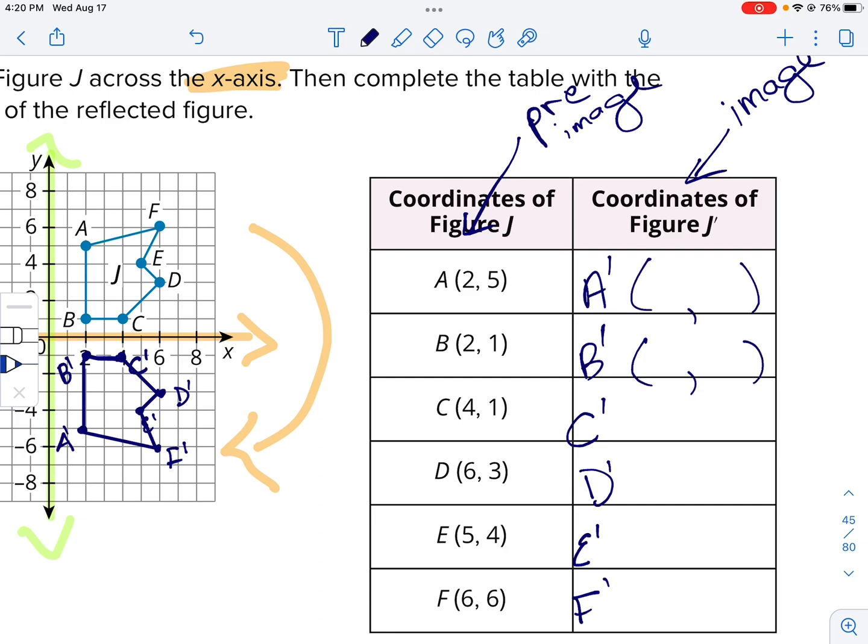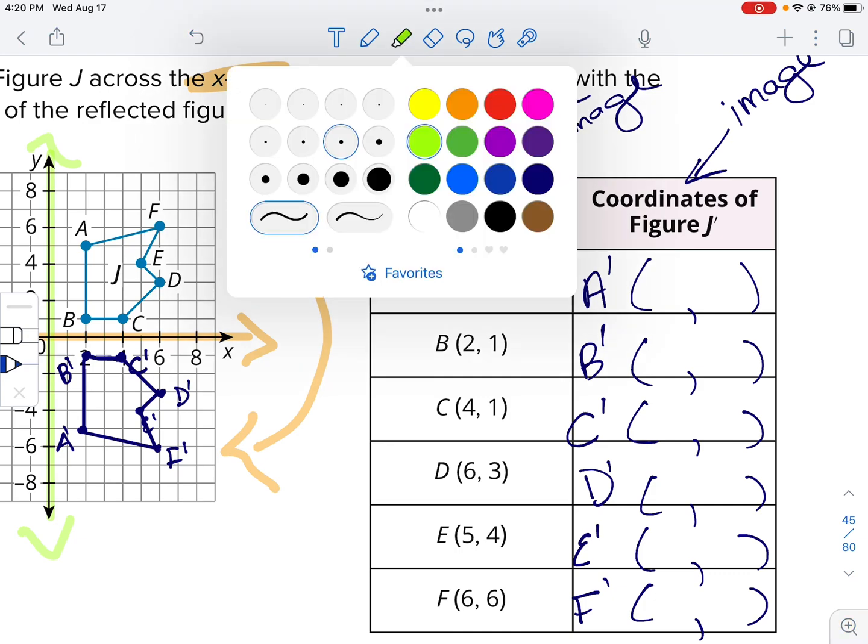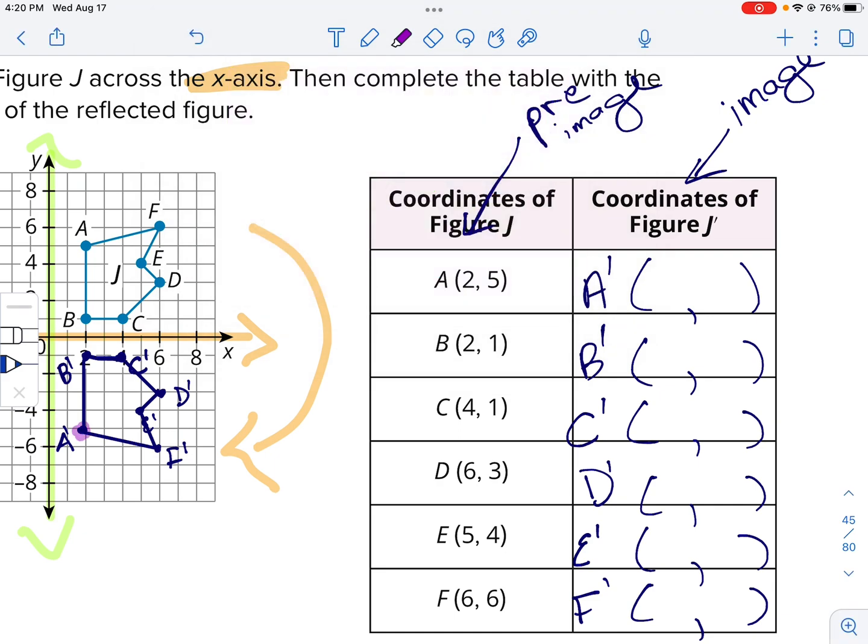Now, here we go. So I'm going to look at A prime. I'm going to use my highlighter. I'm going to change the color on my highlighter. We'll go here. So right here, we're looking at A prime. If I'm looking at A prime, I went to the right 2 and I went down 5. Right 2, down 5.